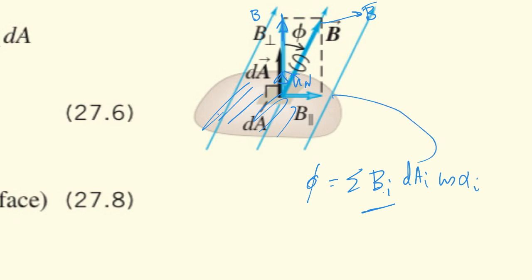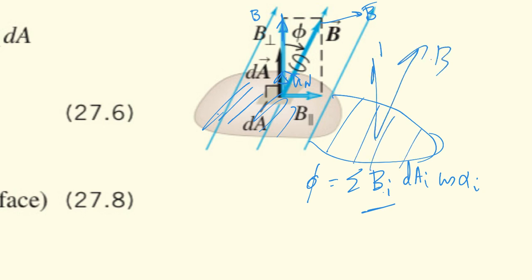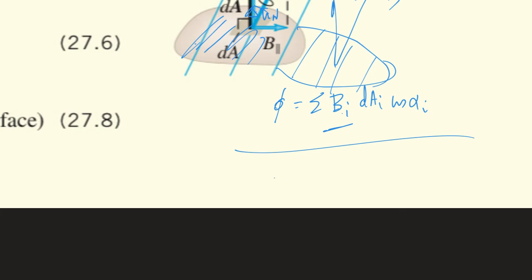So you sum over all the surface, the B by dS sub i, and you sum it and you obtain the total flux. If the surface is closed, the total flux will be zero. If it's not closed, it doesn't have to be zero.